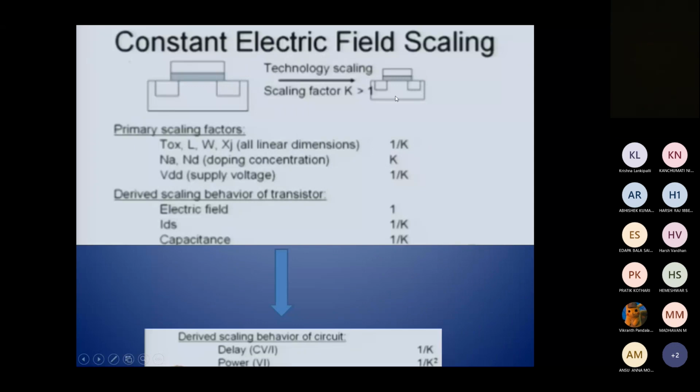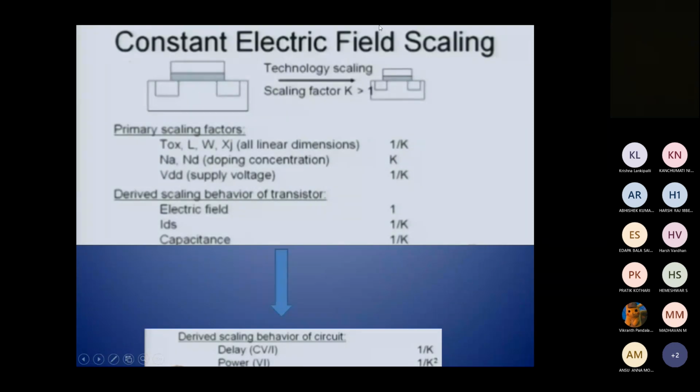This is our P-type substrate, this is our oxide layer, and over it is the gate electrode. But the difference is that this device is just a miniaturized version of the macro MOS device.